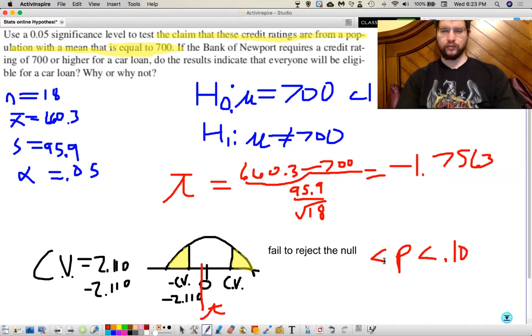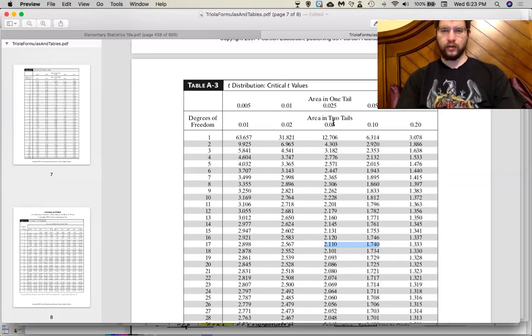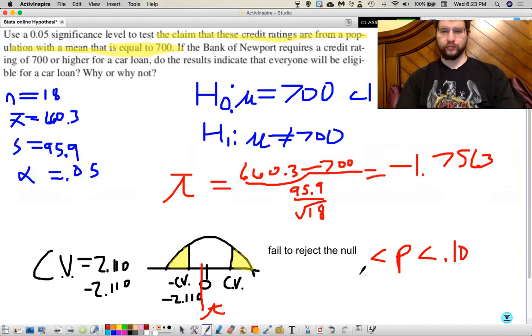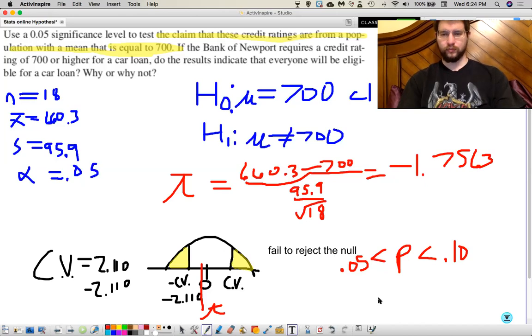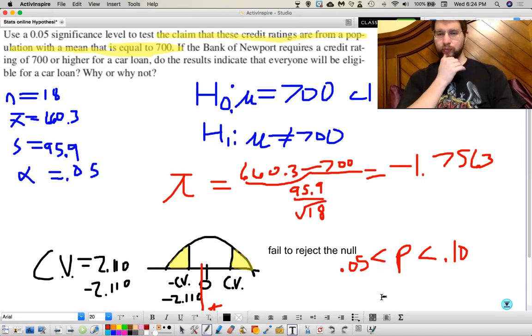And it's also greater than 0.05. Our alpha value is 0.05, so P is greater than alpha. We fail to reject the null. So either way we do it, we fail to reject the null.